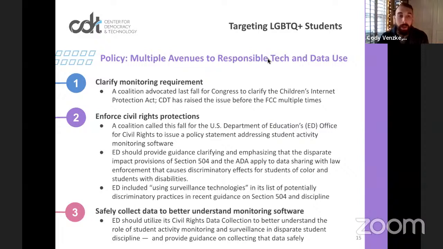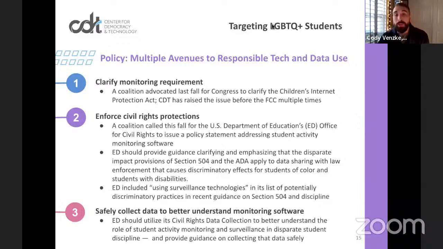That policy statement would help outline the ways that Section 504, the ADA, the Americans with Disabilities Act, help address some of the harms that we're seeing this technology cause to students with disabilities and students with learning differences.